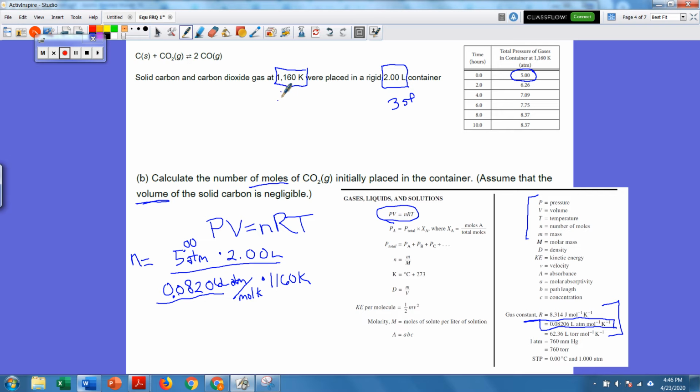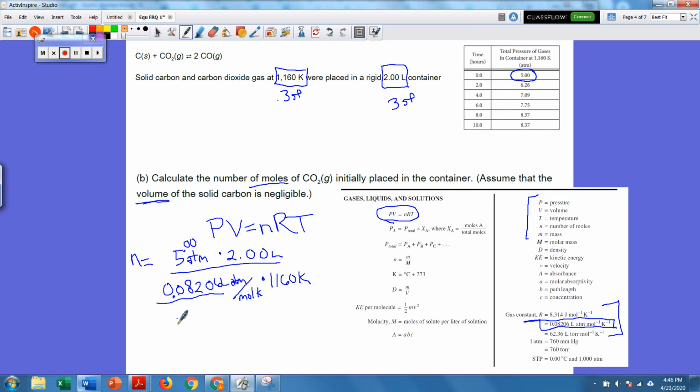So this is also given to us in 3 significant figures. Not that it matters, because even if it were 4 significant figures, our atmospheres and our liters are both given to us in 3, so we would have a maximum of 3 significant figures in our answer.